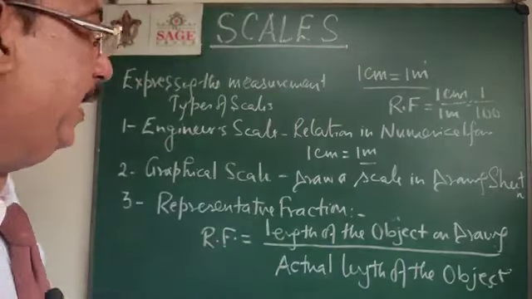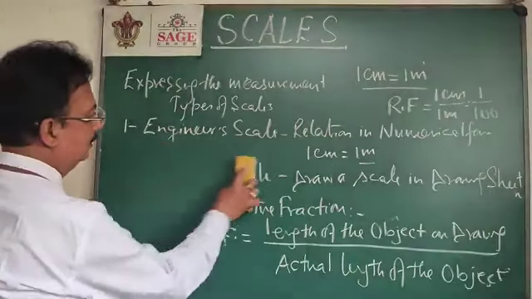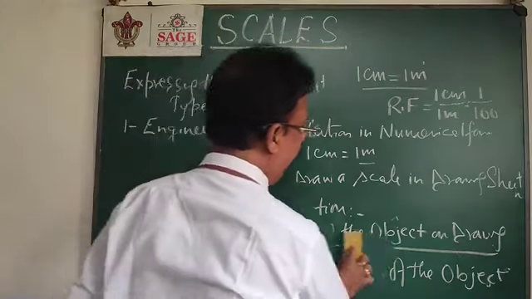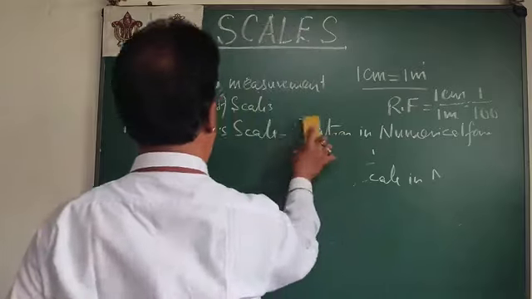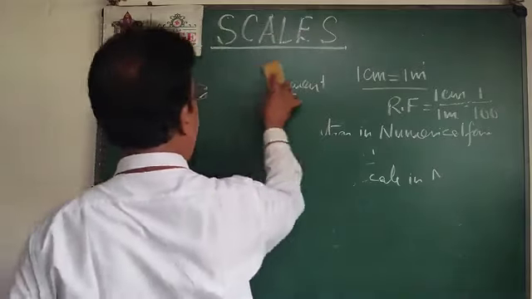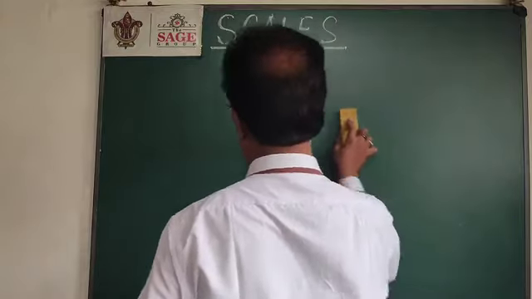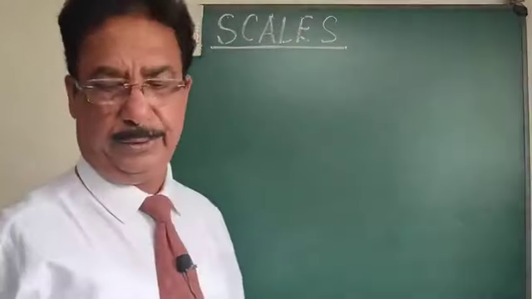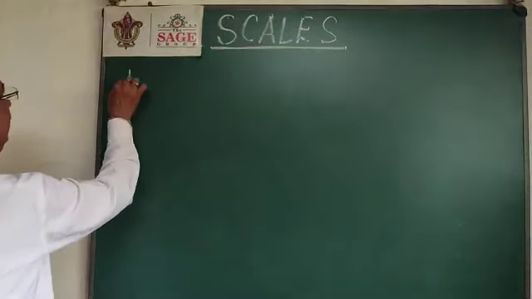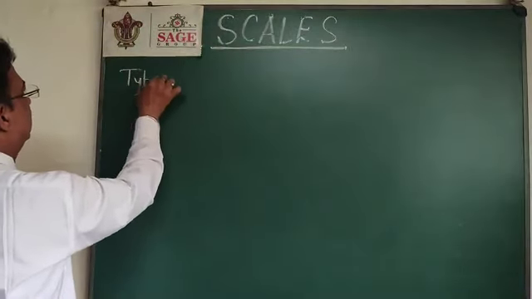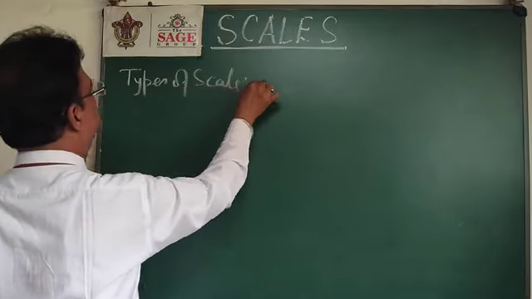So in our scales, the first and prime requirement for drawing any scale is its RF. Without RF there is no scale. No scale is possible without RF. Earlier we didn't use this term RF, but now we are going to use it. And again I am coming back to our three types of scales we discussed earlier. Our first scale is the full size scale.